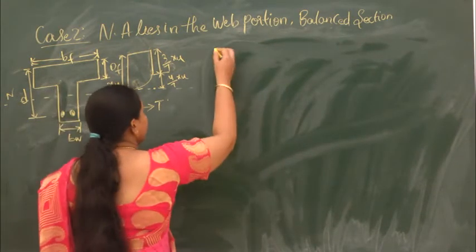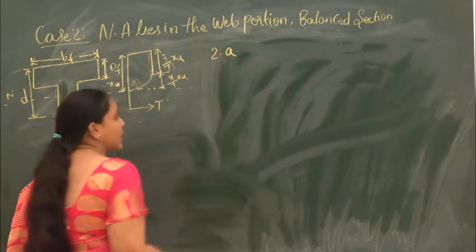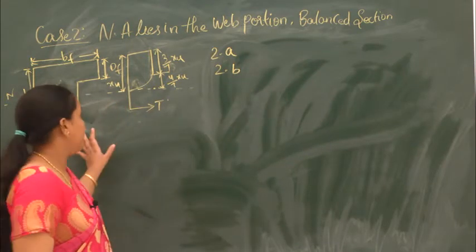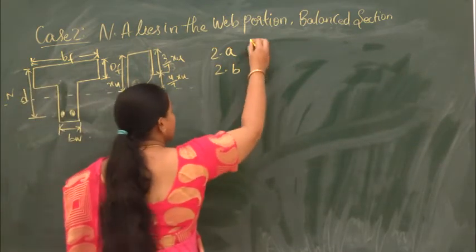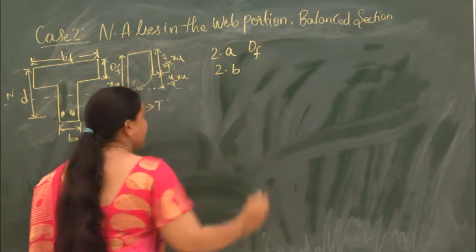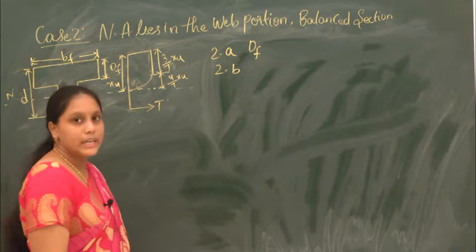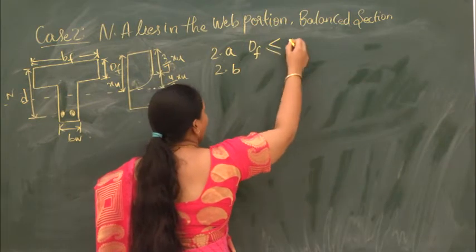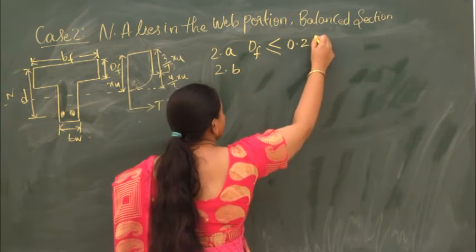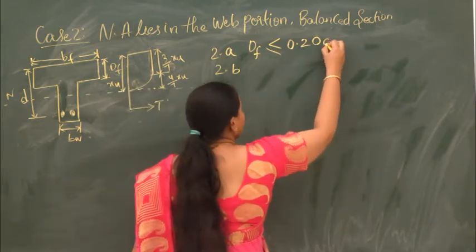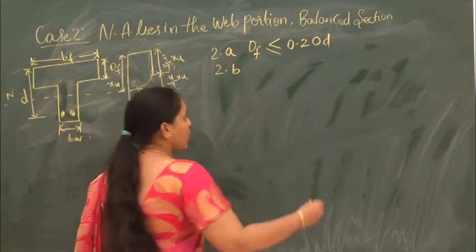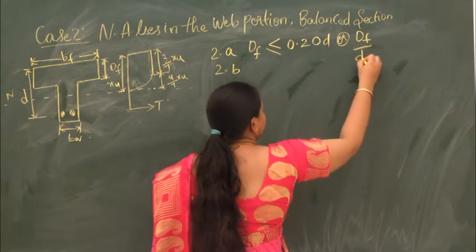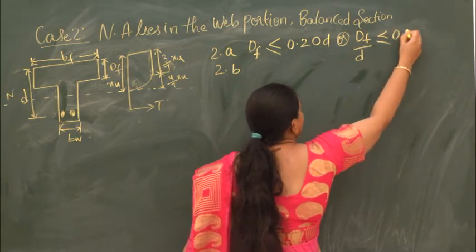So in case 2, let this be A, one case, and the other one be 2B. So in 2A, the depth of the flange or the thickness of the flange, df, will be less than or equal to 0.20d, or you can also write it as df by d less than or equal to 0.20.